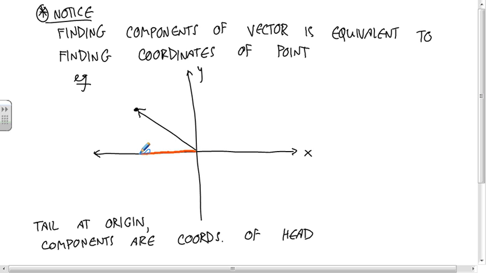So this would be the x component. This would be the y component. And you could see in this case, the x component is going to be negative, because the x coordinate of this point is going to be negative, and the y component is going to be positive. Okay. Any questions about that?